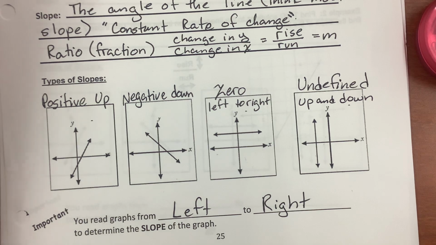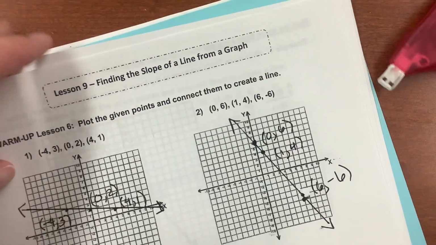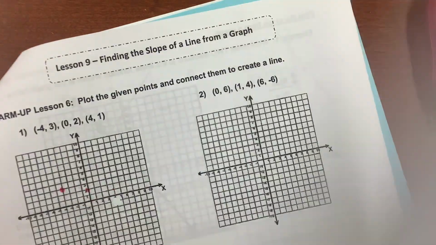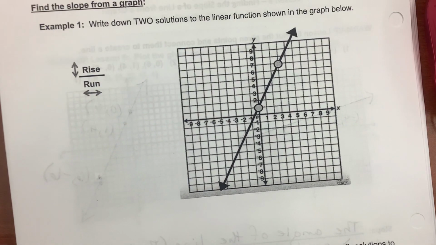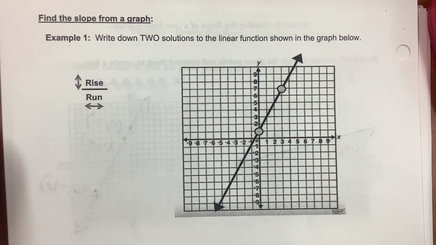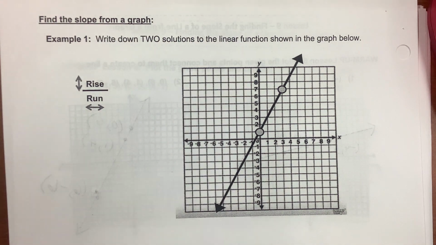All right, let's learn a little bit more. So we're gonna find the slope from a graph. And I wrote rise and run. What you're doing is, let's pretend you're walking along some city blocks.